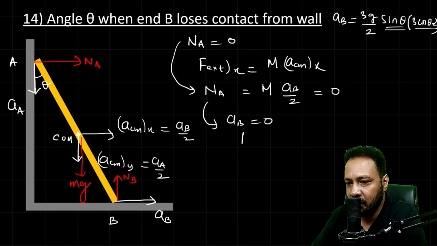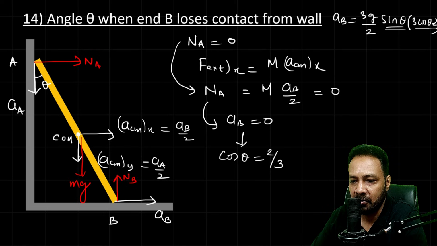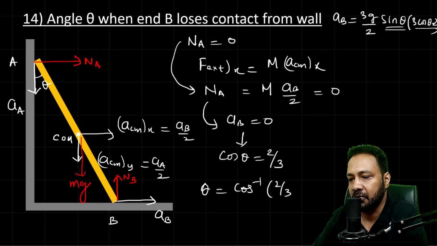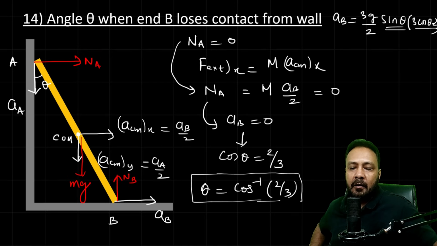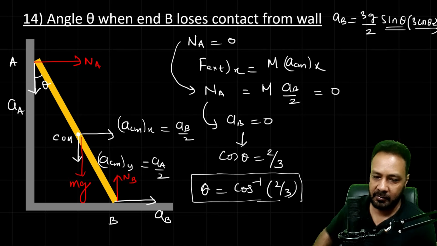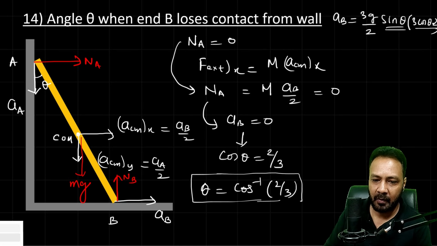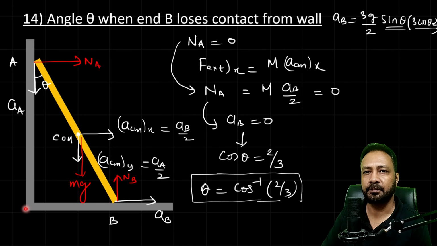So this AB being 0 would mean cos theta is equal to 2 by 3. Theta is equal to cos inverse of 2 by 3. That means this length will be 2L by 3.